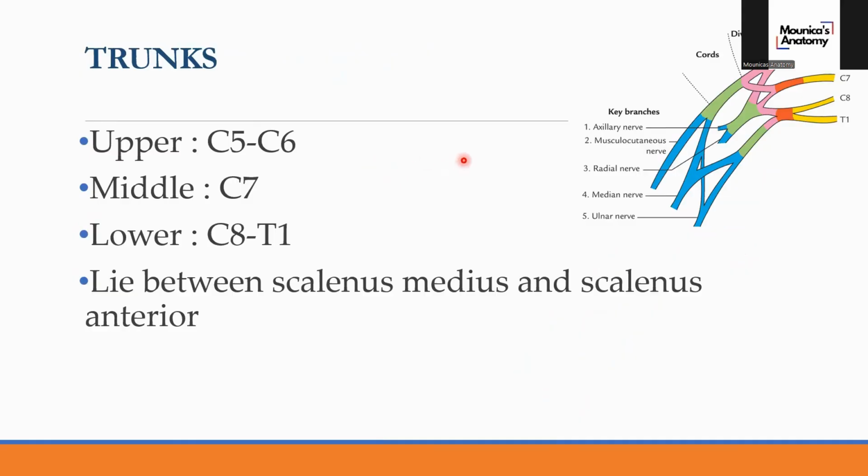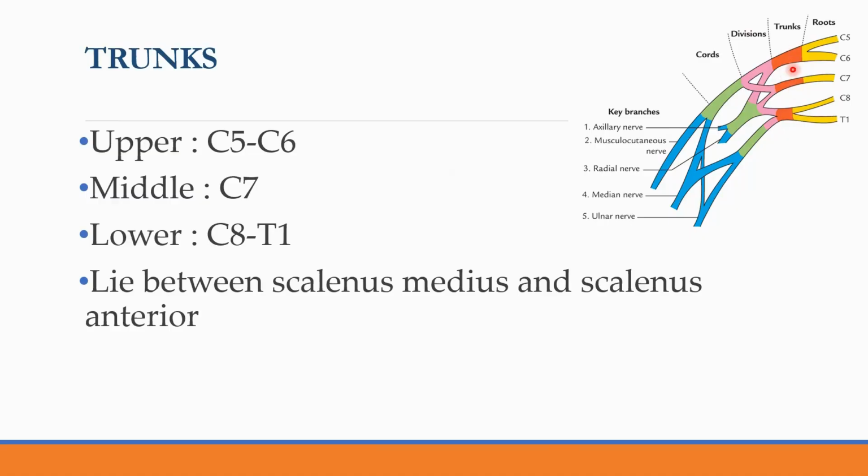Coming to the trunks, we have 3 trunks, upper, middle and lower trunk. The upper trunk is formed by union of C5 and C6 roots. Middle trunk is continuation of C7 root. Lower trunk is formed by union of C8 and T1.